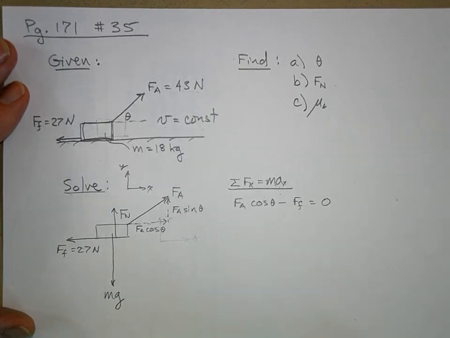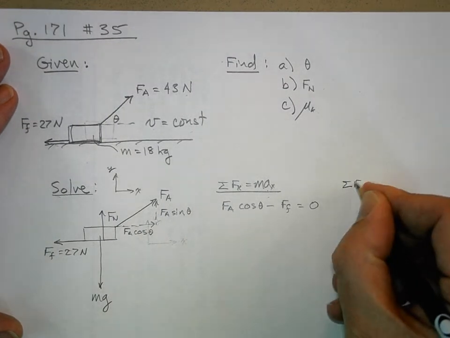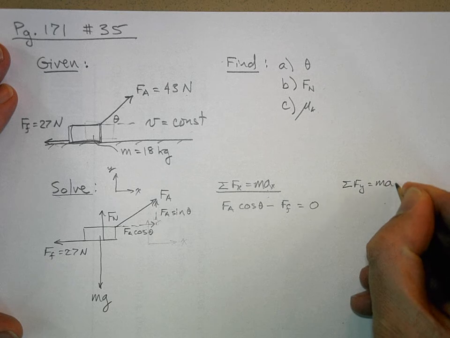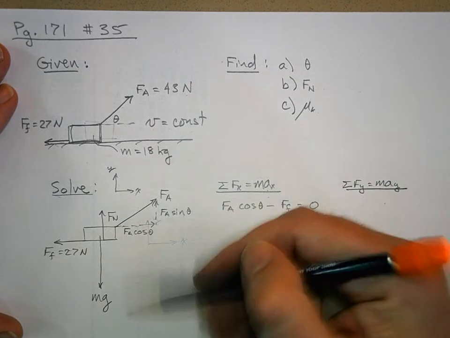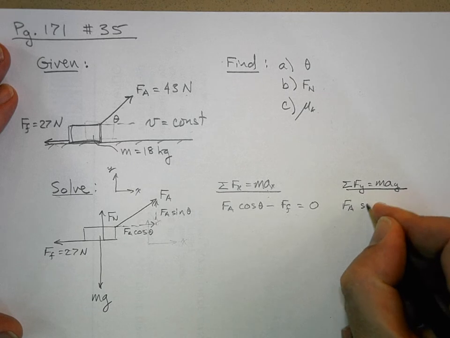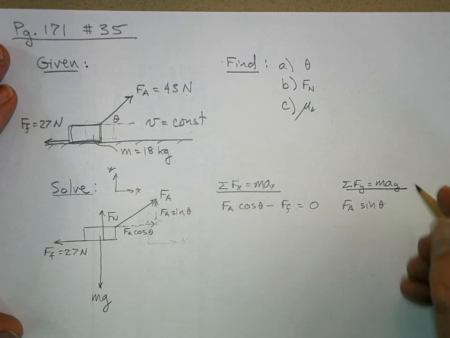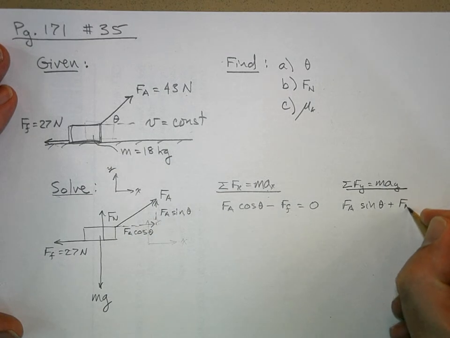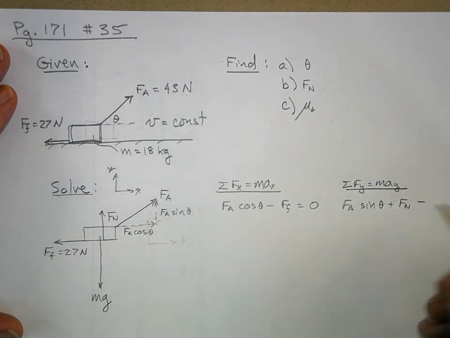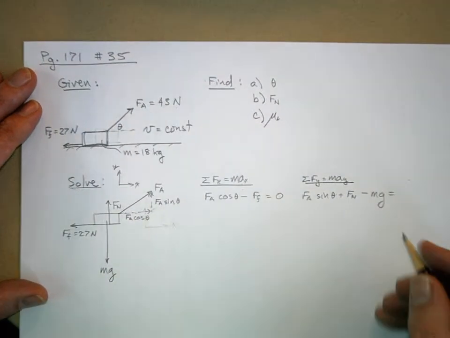And then I look in the y direction, and I've got FA sine theta plus the normal force minus the weight equals 0.